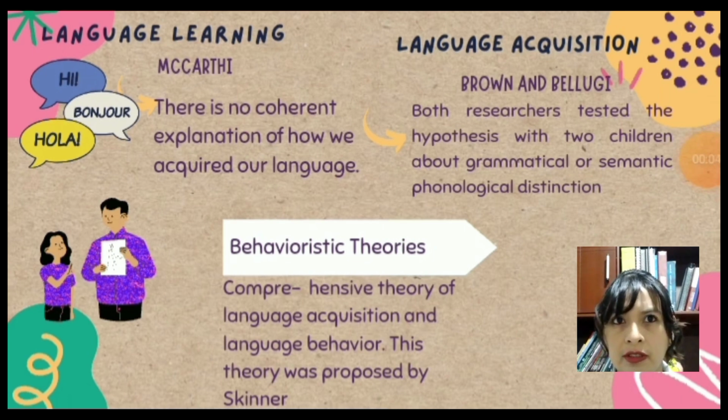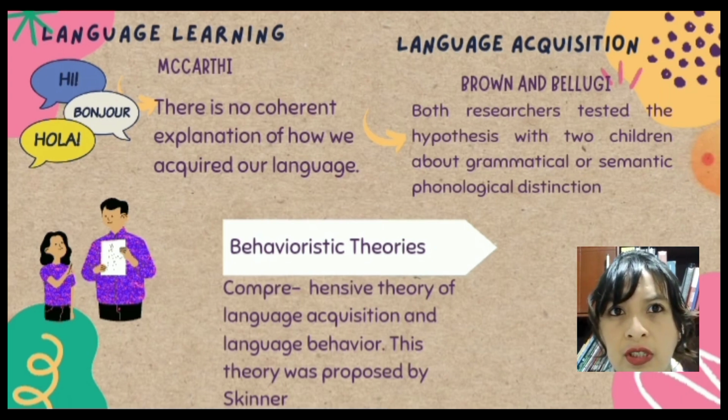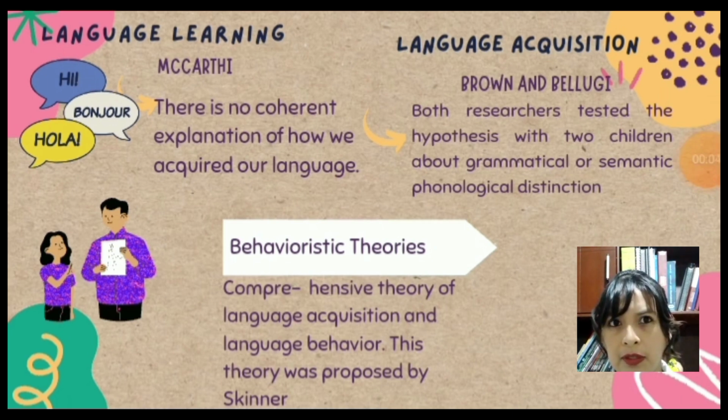Both researchers tested the hypothesis with two children about grammatical or semantic distinction. Jenkins and Palermo formulated a theory about how they acquire language.